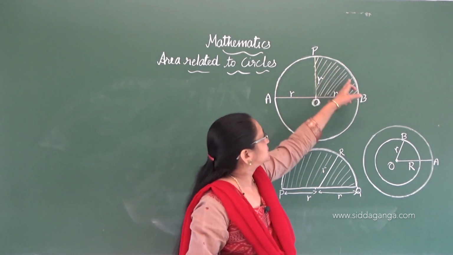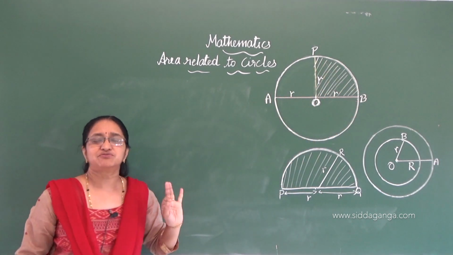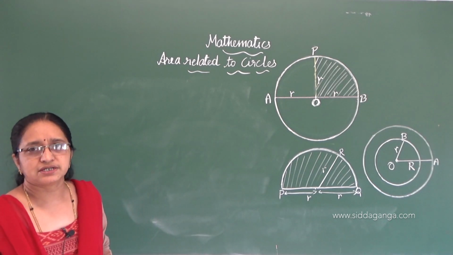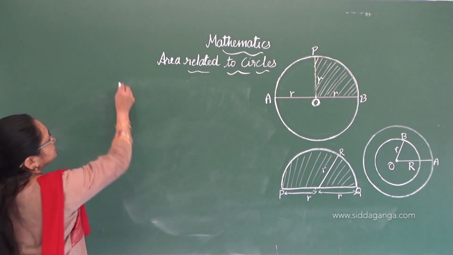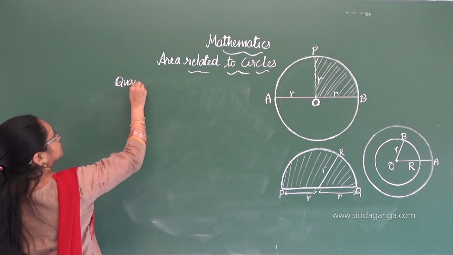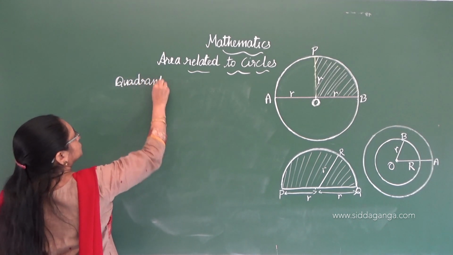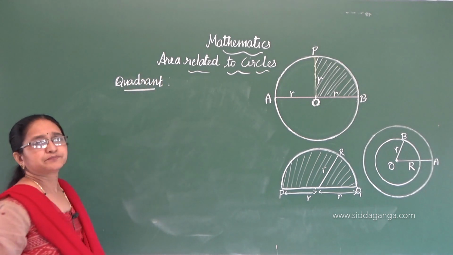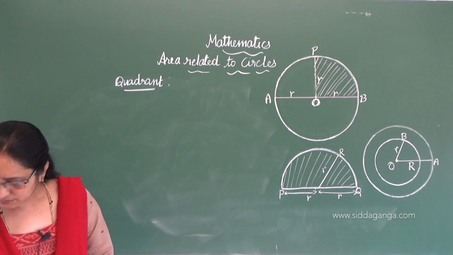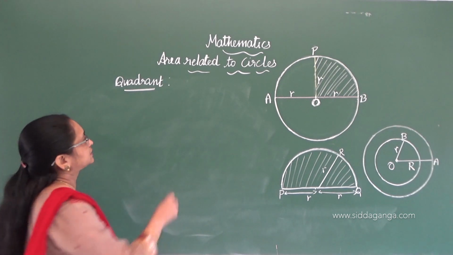This part is a quadrant, means 1/4 of a circle. It is called a quadrant.